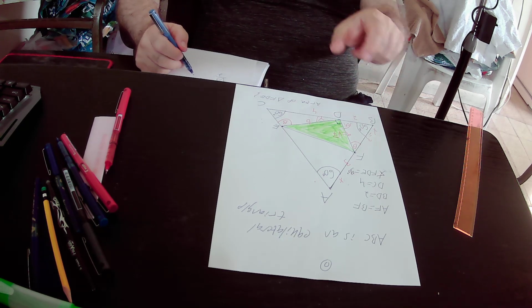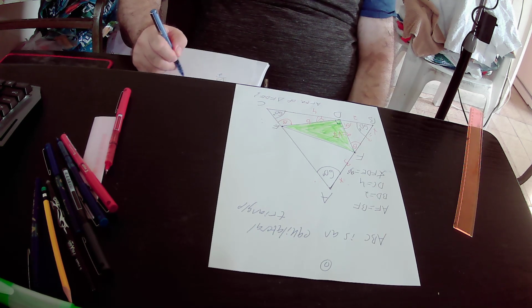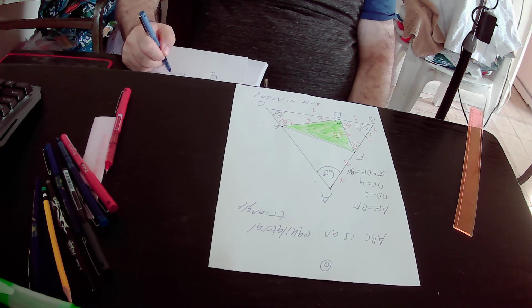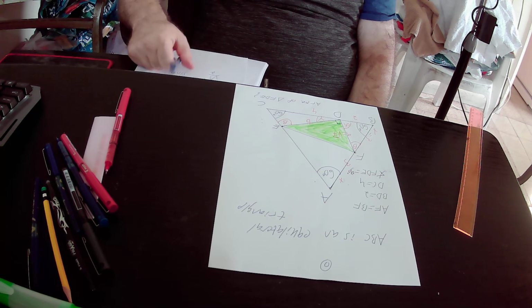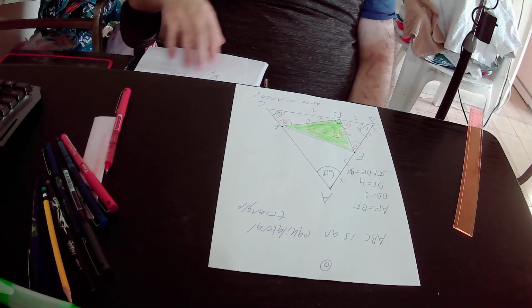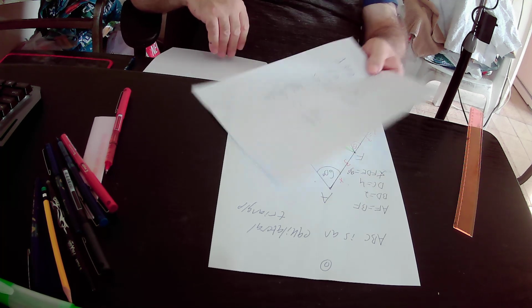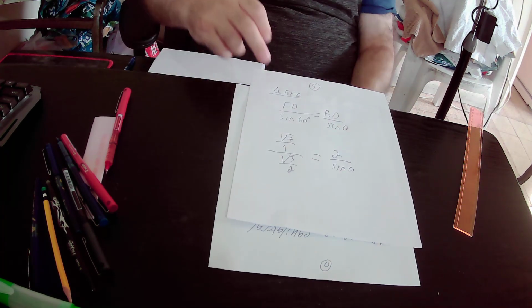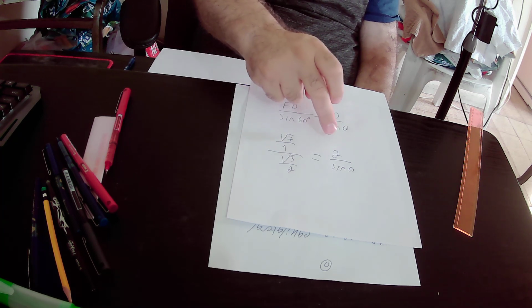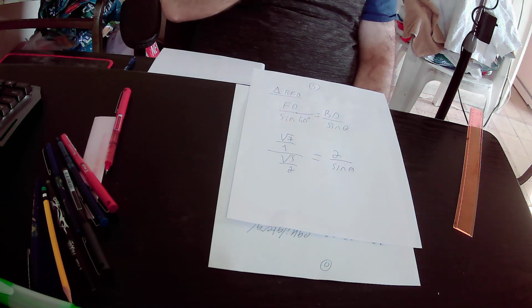BD equals 2 units, and sinus theta is sinus theta. So we got that root 7 over root 3 over 2 equals 2 over sinus theta.